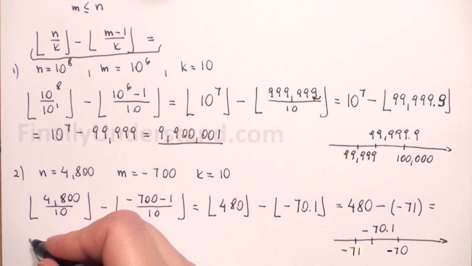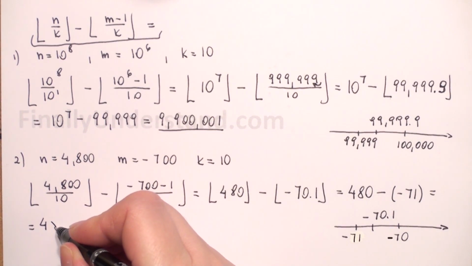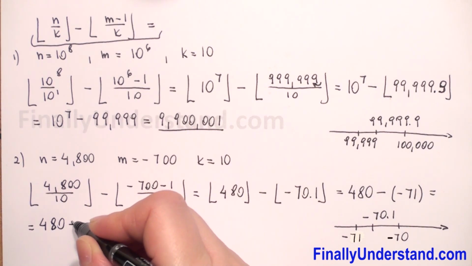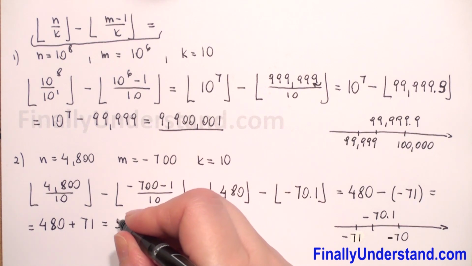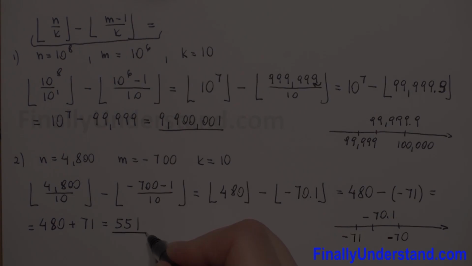So this is equal 480, negative and negative give me plus 71. So this is equal 551. This is my solution.